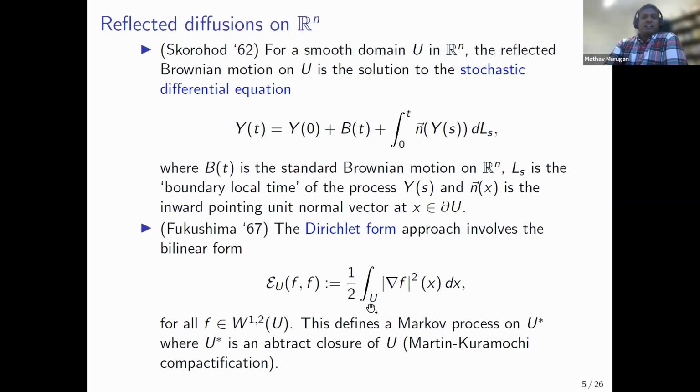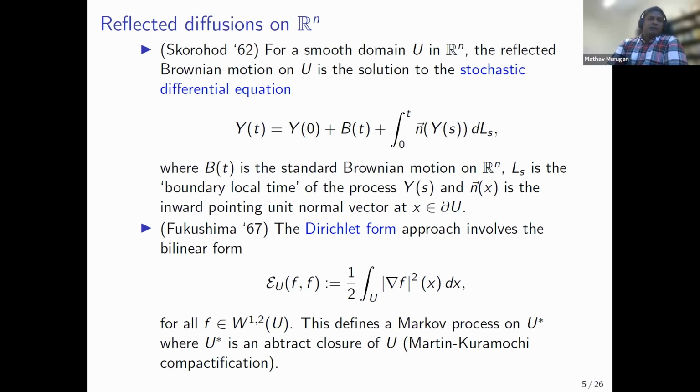It is the usual Dirichlet energy on the domain U, and the function space where we define this is the local Sobolev space W^{1,2} corresponding to this domain U. This approach goes back to Fukushima, and one can show that there is some abstract compactification or abstract closure of this domain U, called the Martin-Kuramochi compactification, where this reflected diffusion process is defined. For smooth domains, both these approaches make sense, and they both lead to the same diffusion in the end. This is not too difficult to see.